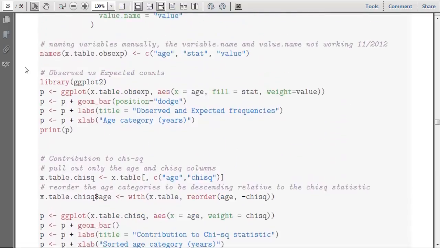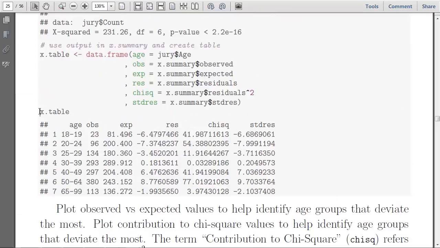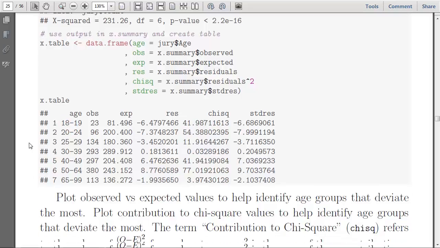So let me scroll up for a moment. Here is our X table, and we effectively want to order the ages based on the column chi-square, and we want to go from largest to smallest. So here's the largest number, 77, followed by 54, followed by 41.9, and then this 41.9, and the last one is going to be the 0.03. So that's the ordering we want for our age categories.